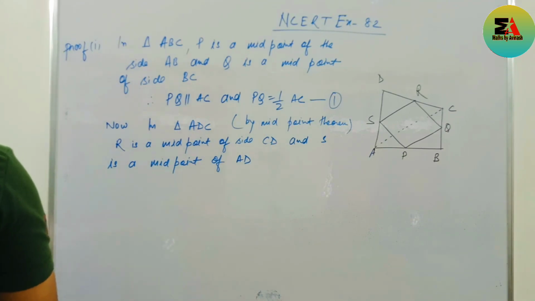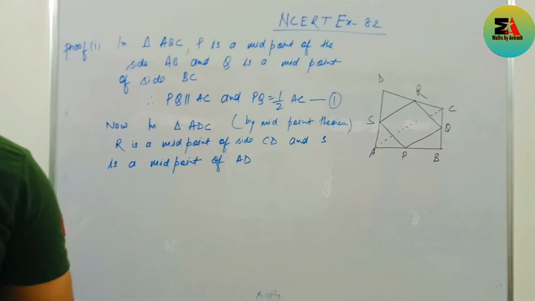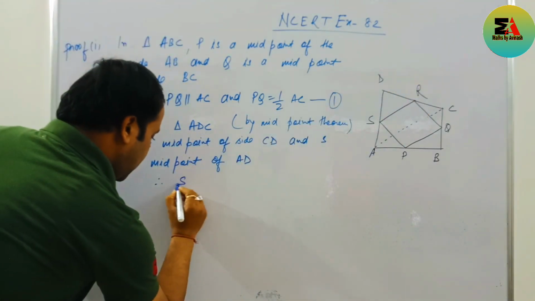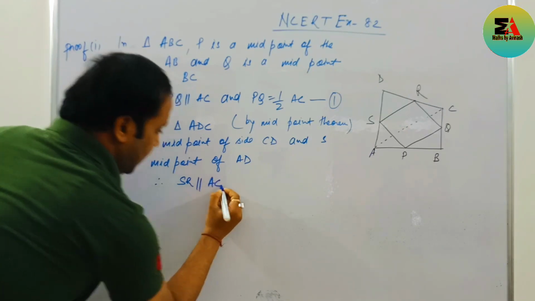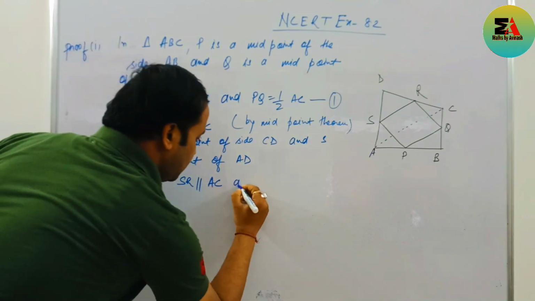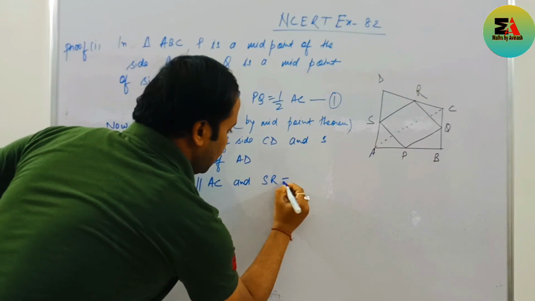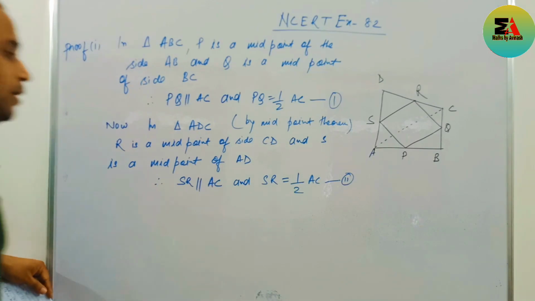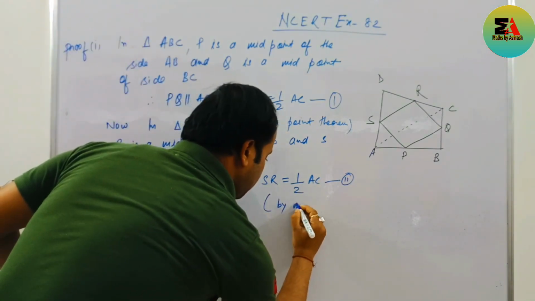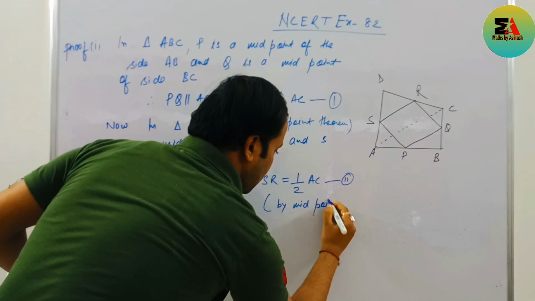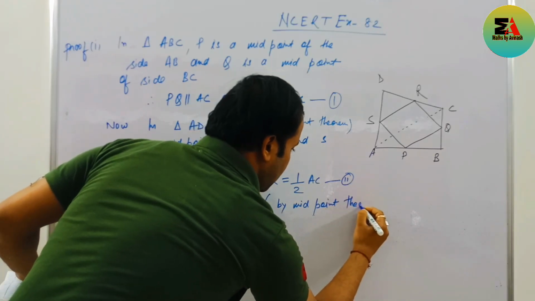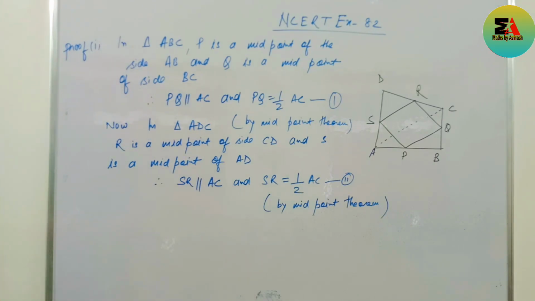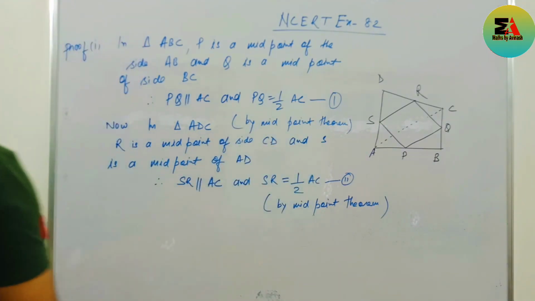Therefore, what do we write? SR parallel to AC and SR is equal to half of AC. How? By the midpoint theorem. This is the proof of the first.